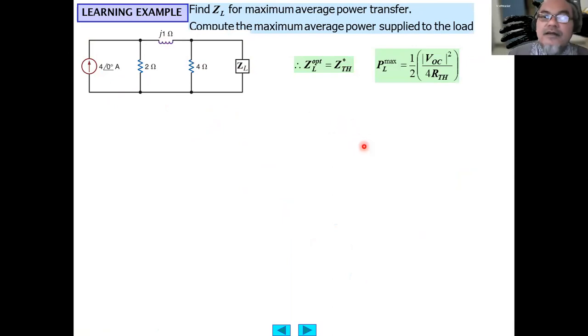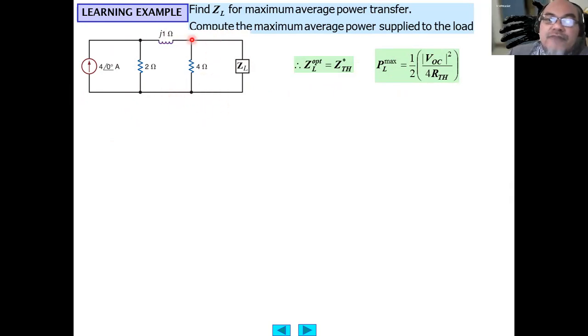Okay, from the formula derived in the previous slide, the optimum load impedance should be equal to the conjugate of the Thevenin equivalent impedance of the left part of the open circuit. And then the maximum power PL will equal half of the open circuit voltage squared divided by 4 of the equivalent Thevenin resistance.